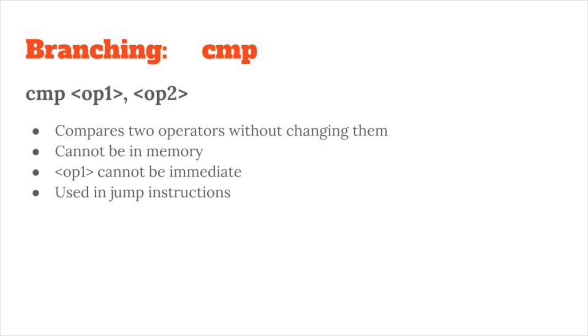So compare, that's where we start to get into our control structures. Basically, if we want certain code to run on certain conditions, this is where that all starts. You'll see why this is important in a second, but you just provide two registers that you're going to compare together.